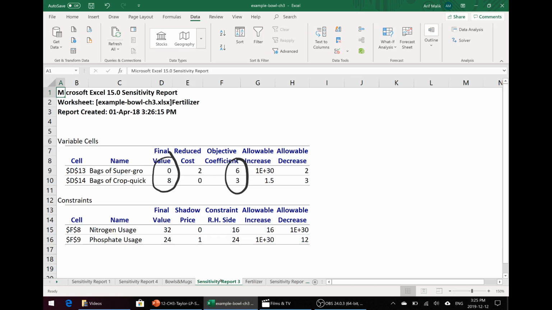This is the allowable increase and decrease of the coefficients of the cost. And what we have is that it's telling us reduced cost here.